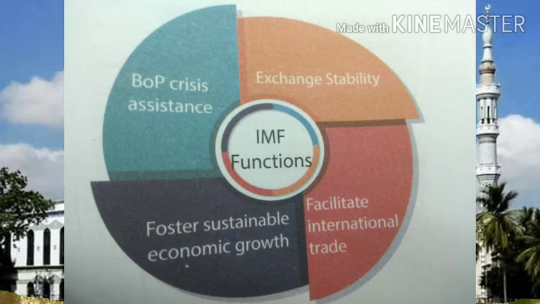The IMF is helping the member countries in eliminating or minimizing the short period disequilibrium in their balance of payments, either by selling or lending foreign currencies to the member nations. So correcting the BOP disequilibrium is one of the main functions of the International Monetary Fund.